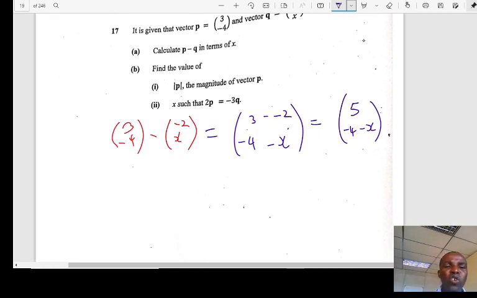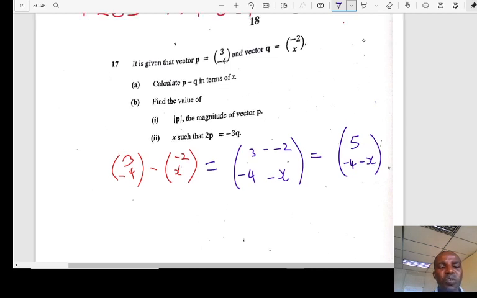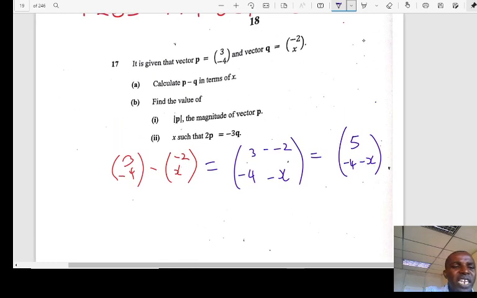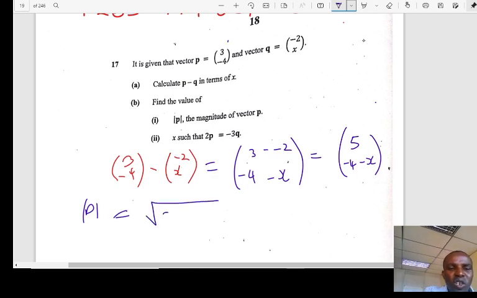Find the value of this one. It means the magnitude of p when it comes to vectors. But in matrices, it will be called the determinant of p. But in this case, it's the magnitude of p. Right? Magnitude of a vector p in this case, you just say square root of p is (3, minus 4). So it will be 3 squared plus minus 4 squared, like this.